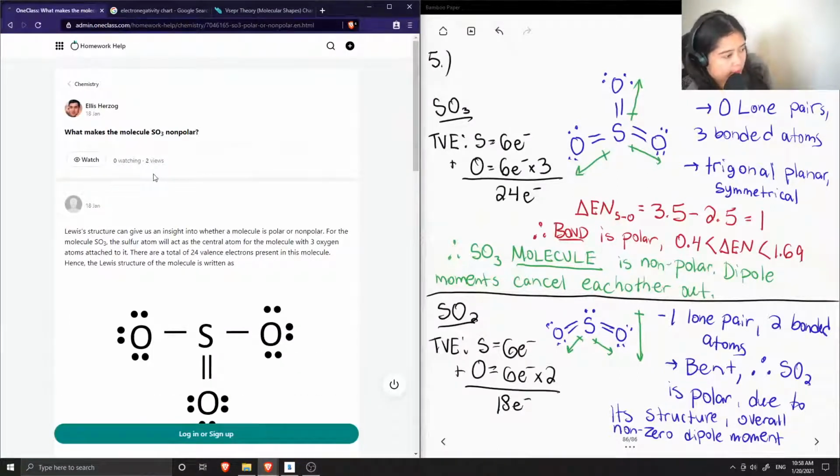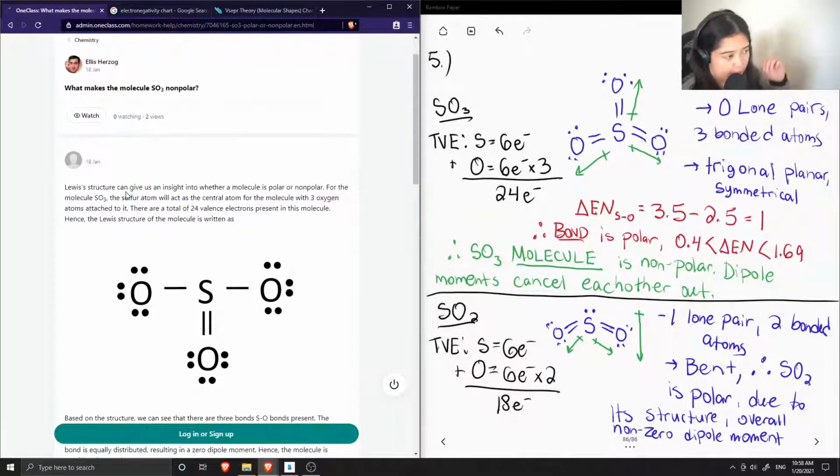Okay, so the junior tutor said that the Lewis structure can give us an insight into whether a molecule is polar or nonpolar. For the molecule SO3, the sulfur atom will act as a central atom with 3 oxygen atoms attached to it.